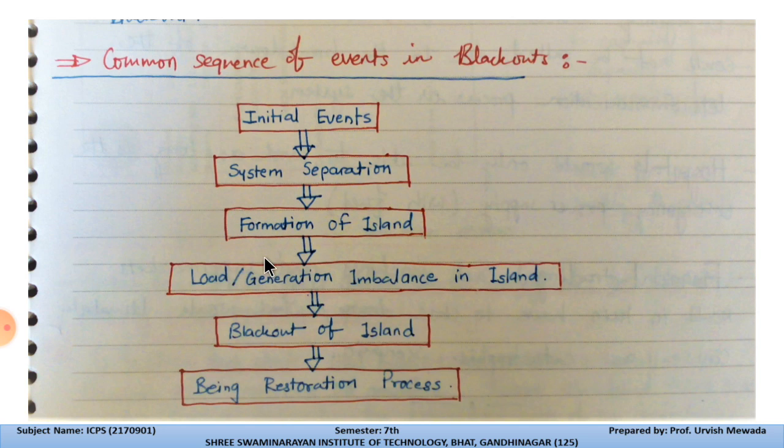Now there is a load or generation imbalance in the island, because as the system becomes faulty, the load demand is still there. Suppose one station has 4 units, meaning 4 generators, and among that one generator fails and the system is isolated, then the other 3 generators will have to drive that load.